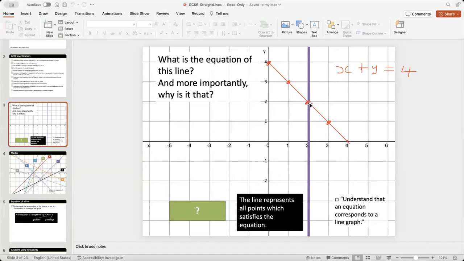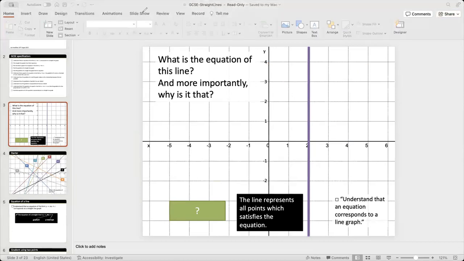At this point, 2 plus 2 gives you 4. At this point, 3 plus 1 gives you 4. At this point, 4 plus 0 gives you 4. So it's very straightforward. There are some lines you can draw easily without trying to look for the table. So that's just the first part of it.